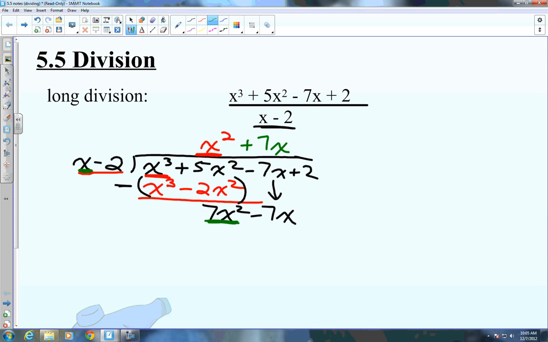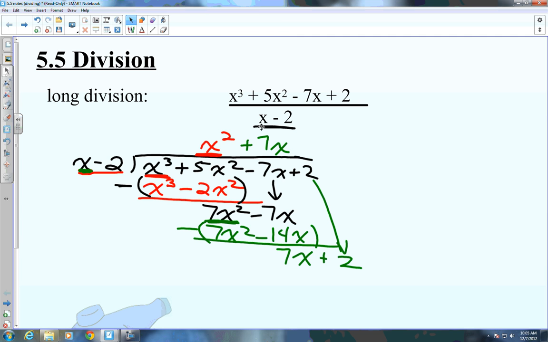Now I take 7x times each term in my divisor again. 7x times x gives me 7x squared. 7x times negative 2 gives me minus 14x. Now remember, we're subtracting. So 7x squared minus 7x squared is 0. 7x minus a minus 14x is 7x. And I bring down the 2, so 7x plus 2.